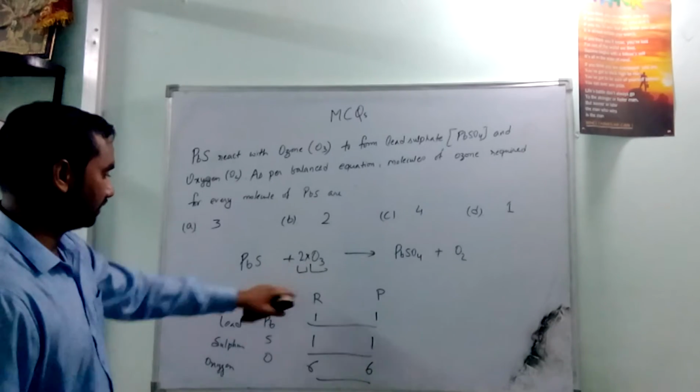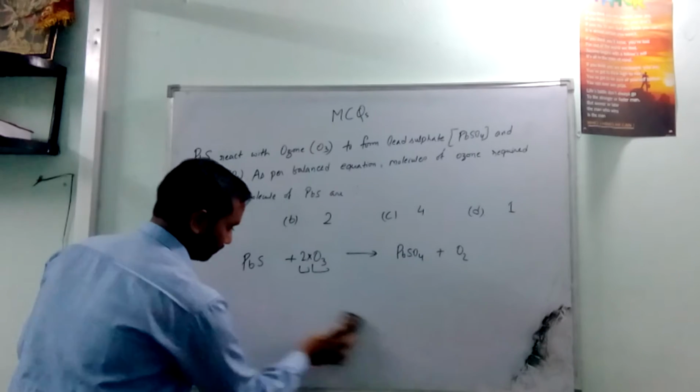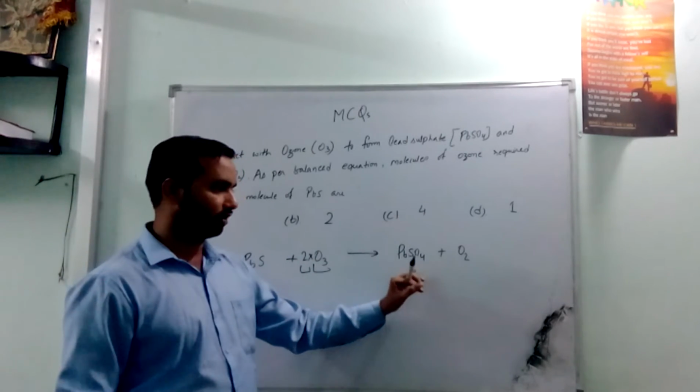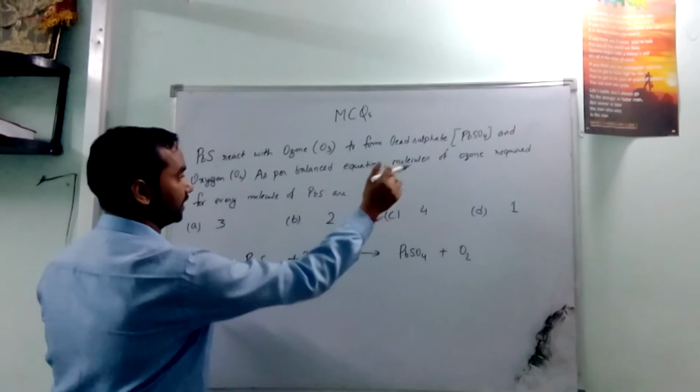So we want to add one more ozone molecule in the equation to make it balanced for lead sulfate.